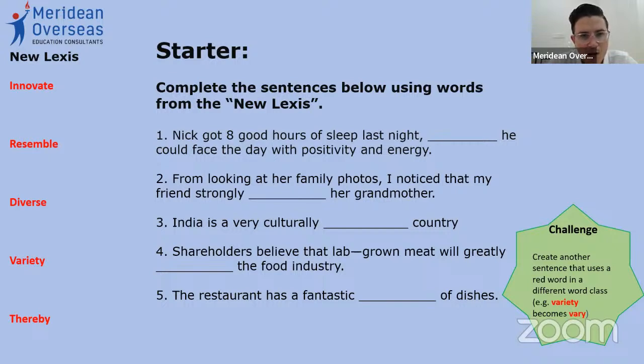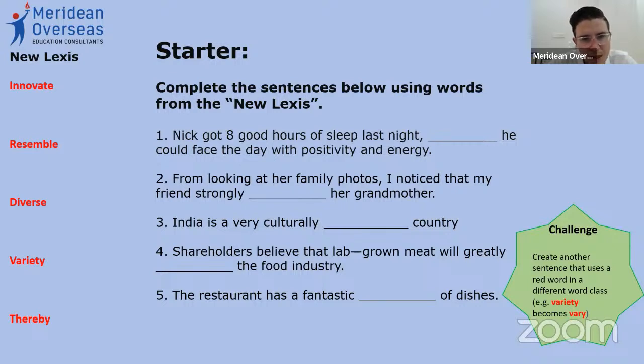Number 1, Nick got 8 good hours of sleep last night. Blank, he could face the day with positivity and energy. Number 2, from looking at her family photos, I noticed that my friend strongly blank her grandmother.